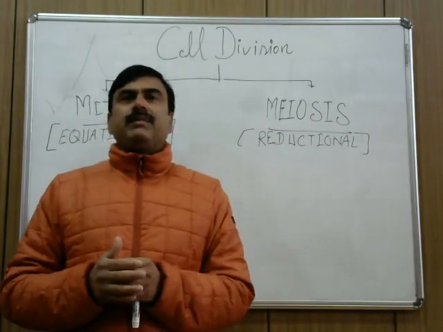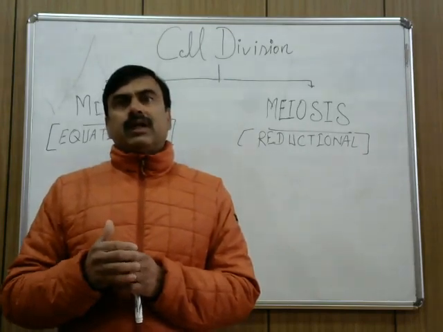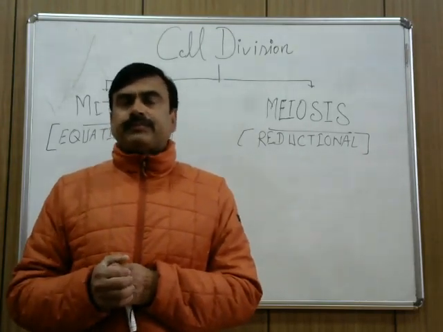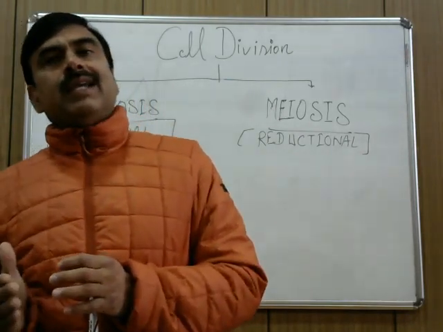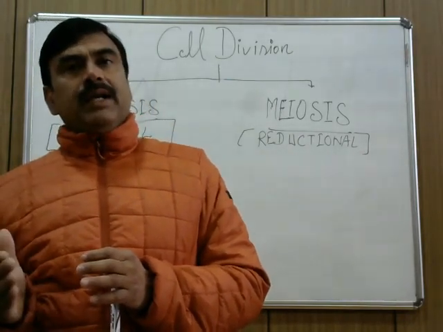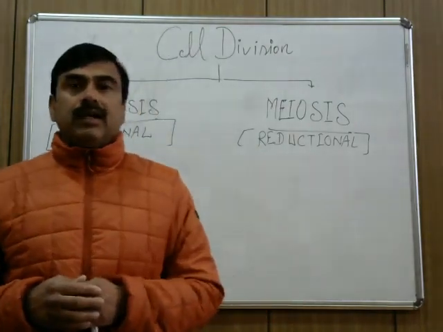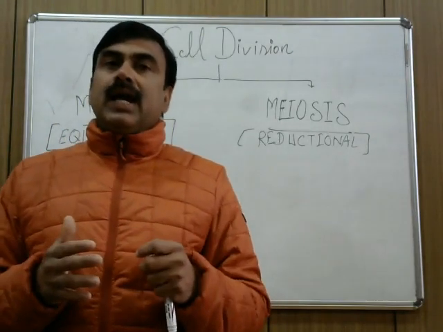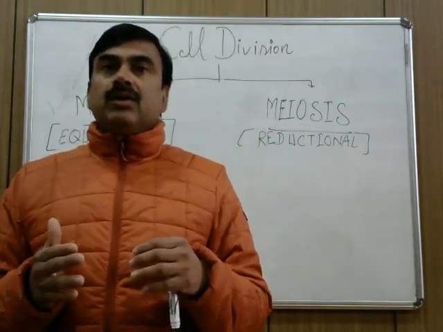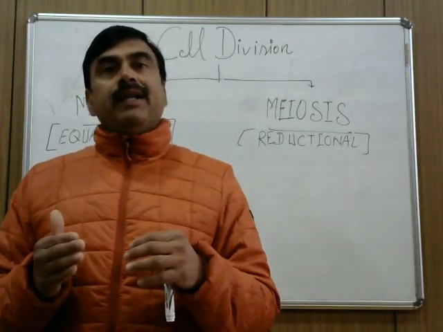Now, related with this, today I will start the cell division. Very first, it is important to know the definition of cell division. It is a process in which any cell can duplicate, can divide into two cells. If there is growth in the cell and it does not divide, division is mandatory in every cell.